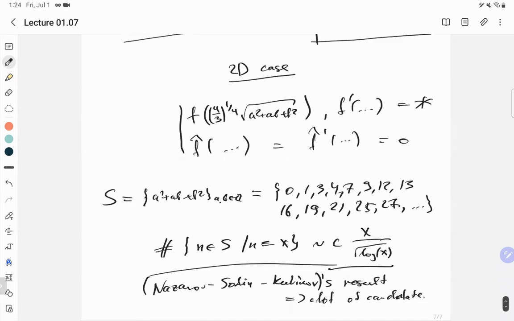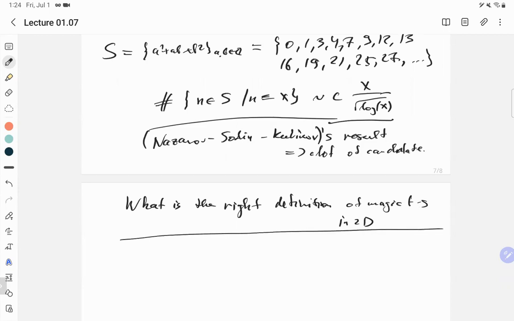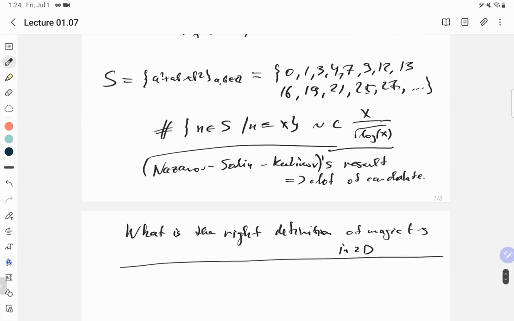And here, the real problem, in my opinion, is: what is the right definition of what the magic function should have? What is the right property of the magic function? What is the right definition of magic functions in 2D? Even if you impose inequalities, we have numerically lots of examples which are quite different.